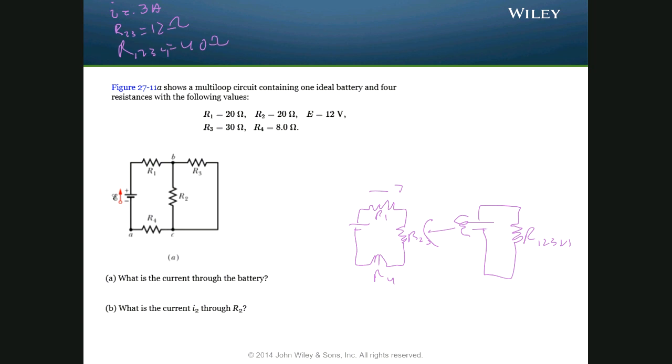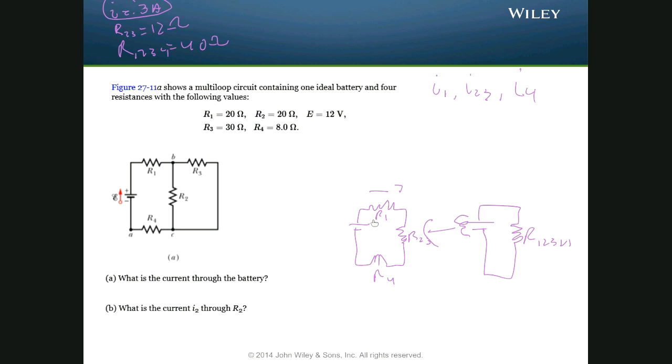So if we know the current is 0.3 amps from part A, and we have all the R values, we can find I1, I23, and I4. These can all now be known numbers, because we have the current through each of these three resistors.